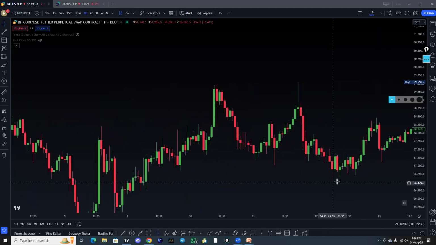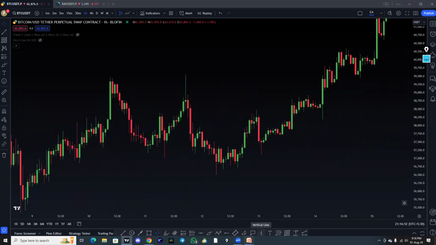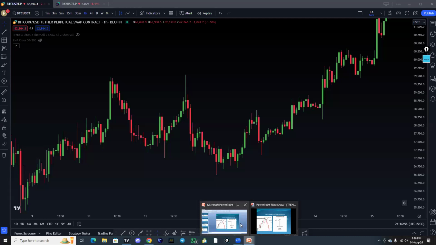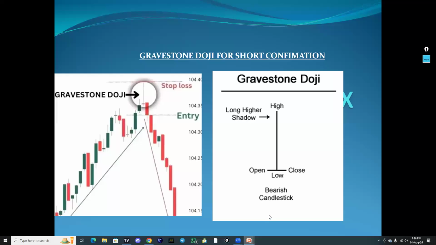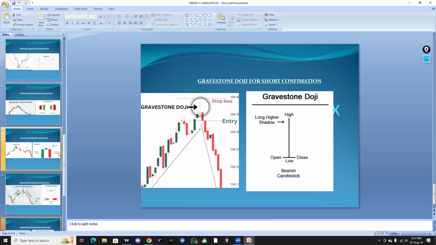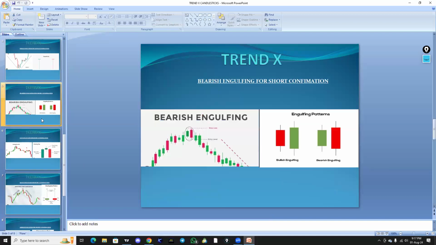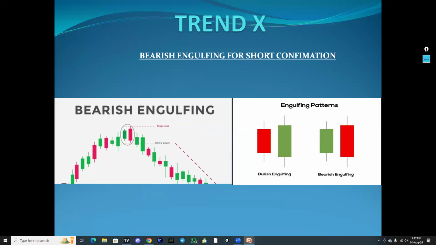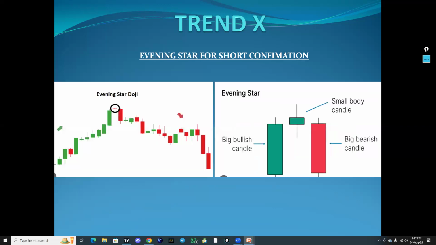Okay, so now I'll quickly show you once again. One second, guys. I'll show the bearish candles again. This is the first candle, bearish engulfing. The second candle is the evening star doji.